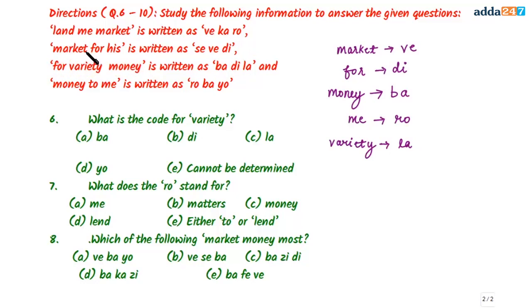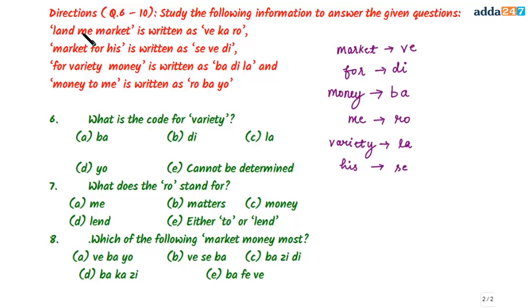Then we have the second sentence. The second sentence is market for his. We know market stands for VE. For stands for DI. That means his stands for SE. So his here stands for SE. And if you look at the first sentence, that is land me market.